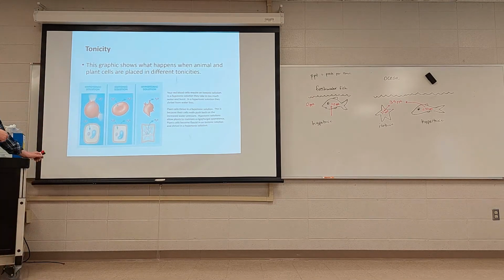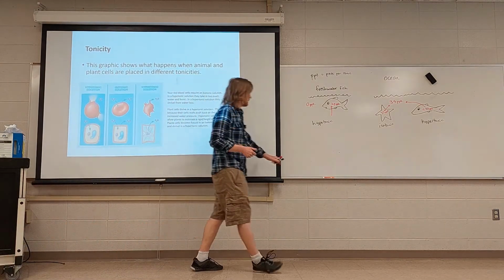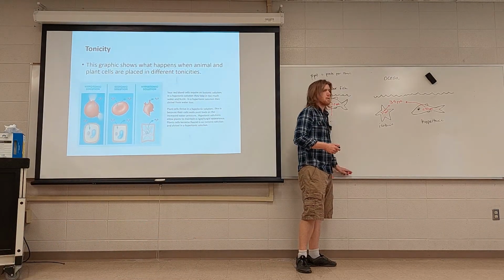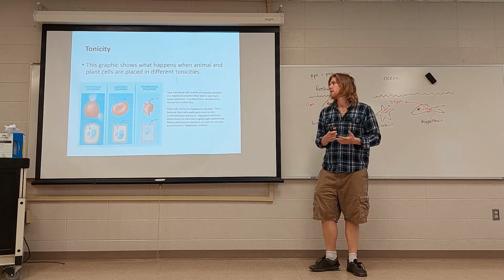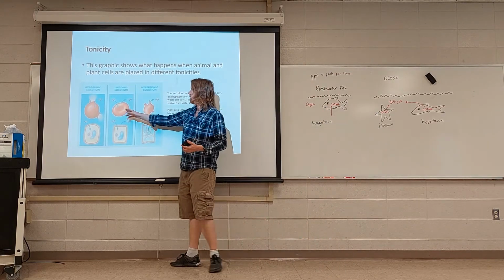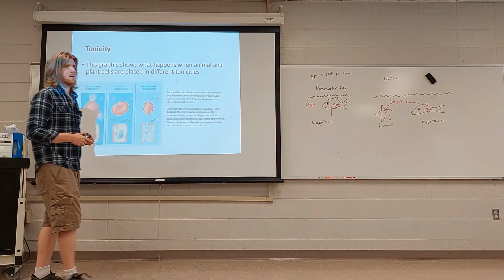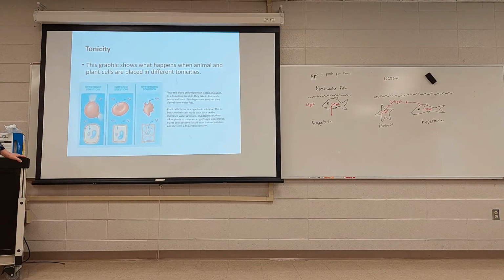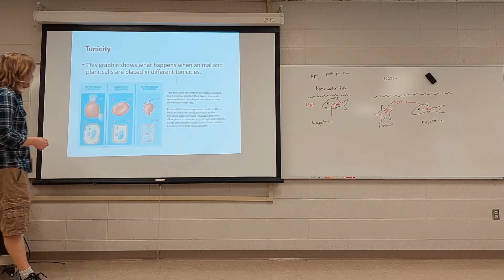This graphic just shows what happens to your individual cells when you expose them to different tonicities. Your blood cells, for example, your red blood cells, within blood vessels, they're surrounded by plasma, which is mostly water, and you have to have equal amounts of salt inside your blood cell as what's surrounding it, or else your blood cell is going to gain too much water or lose too much water.